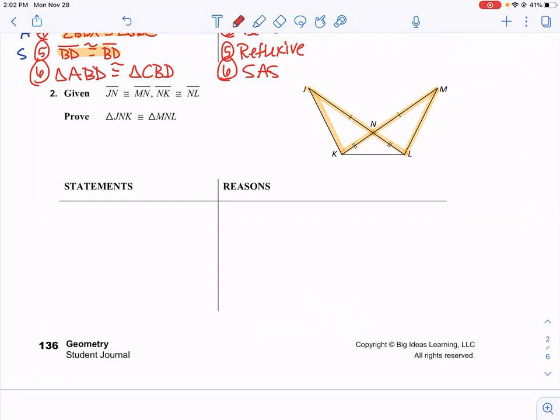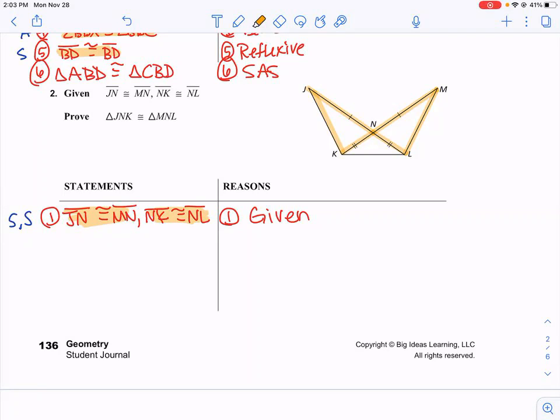Our given information is that JN is congruent to MN and NK is congruent to NL. What have they given us? Not everything. They gave us two side congruency statements.